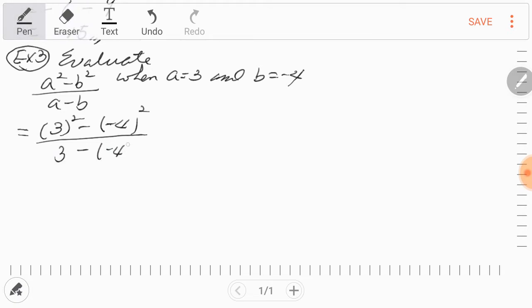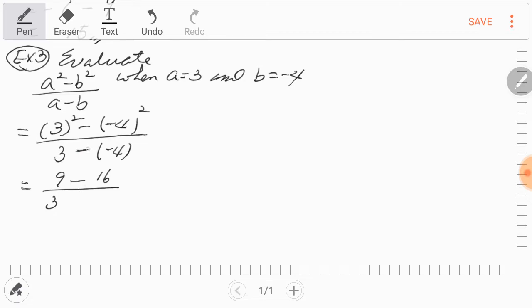b is negative 4. If the number is positive, then you don't need to put parentheses because it is easier to recognize. But if it's a negative number, then put parentheses. So this is equal to 3 squared is 9 minus negative 4 squared, which is negative 4 multiplied by another negative 4, so 16, over 3.